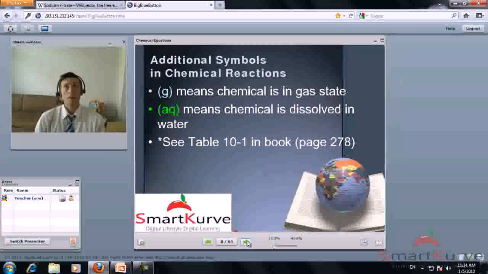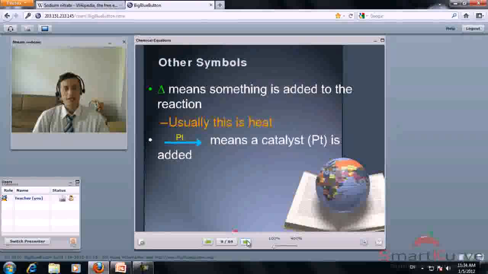Water, if you remember from our lesson on the periodic table, is the universal solvent. And there's a reference in the book there that you can check out. Let's move on to slide 9.